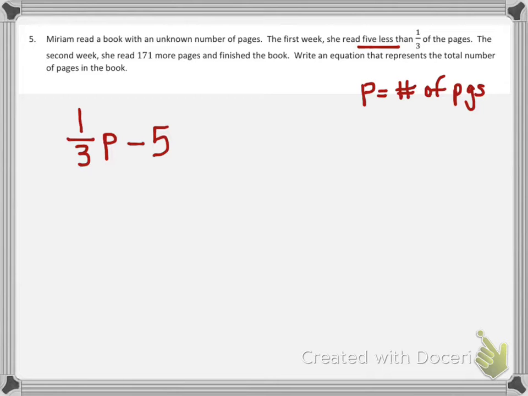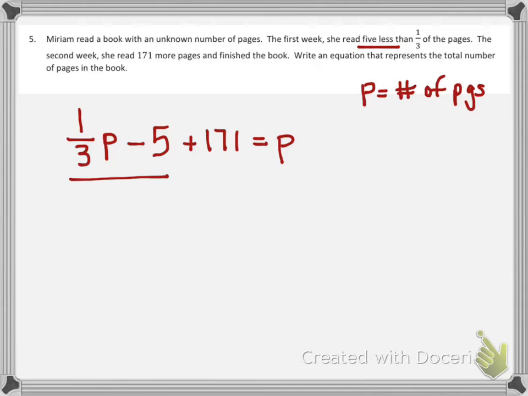Okay, so we're going to add 171 pages. And she finished the book. So that is equal to P, which is the number of pages of the book. Write an equation that represents the total number of pages in the book. There it is. 1/3 of the pages minus 5 was the first week.